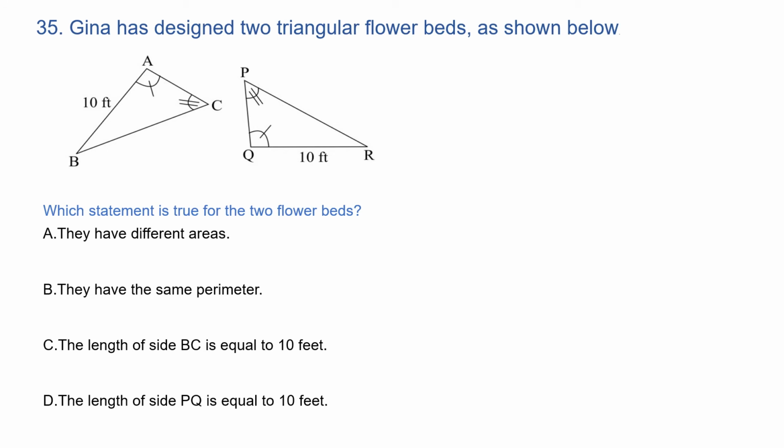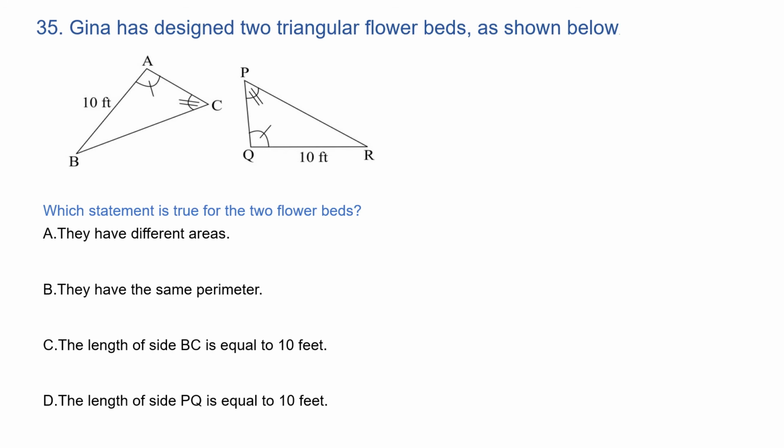Number 35, it says Gina has designed 2 triangular flower beds as shown below. And we have triangle ABC and triangle PQR. It asks us which statement is true for the 2 flower beds. Looking at these flower beds, I'm noticing congruence marks on the angles.